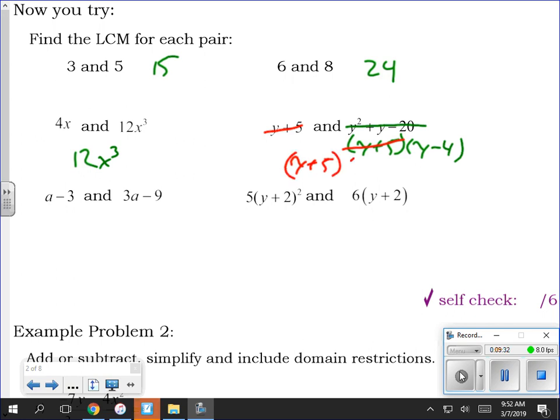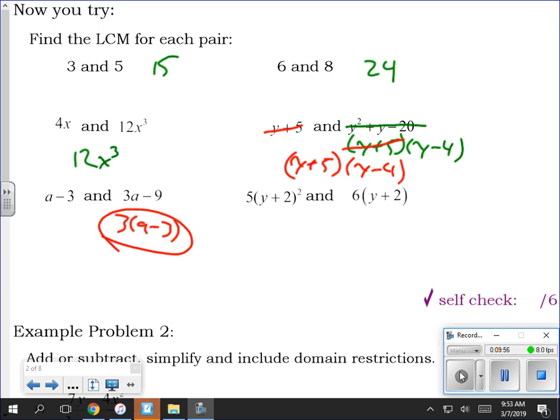And then what don't they have in common? Y minus 4. This one, factor the 3 out of the 3a minus 9. So you get 3 times (a minus 3). And this ends up being actually my least common multiple. It's nice when one of your 2 things is all by itself, particularly when you're doing fractions.